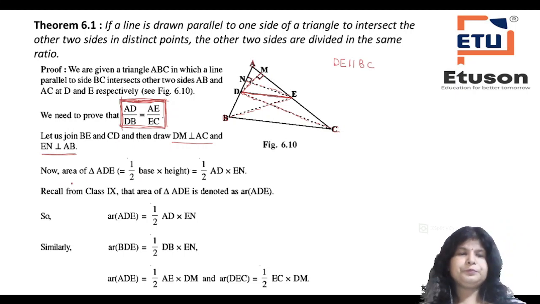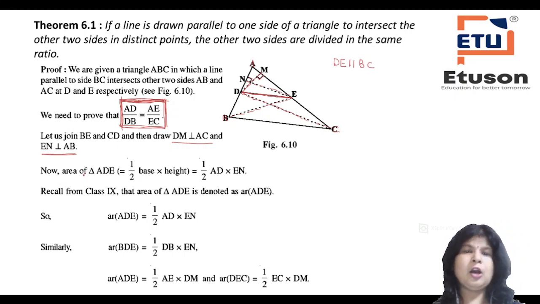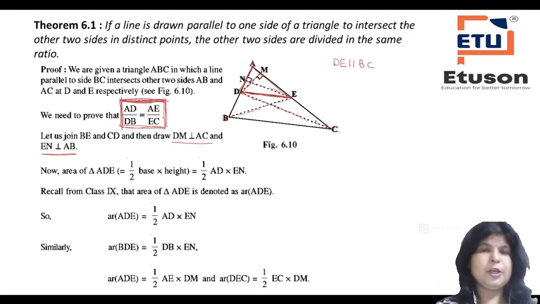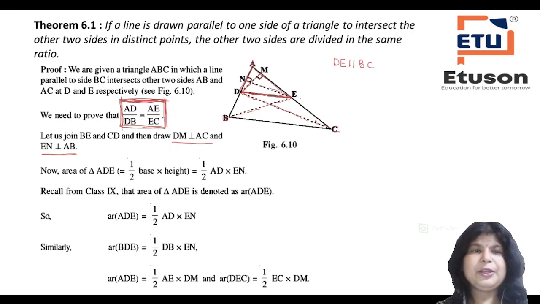So now area of triangle ADE. So this triangle we are considering, area of triangle ADE. What is the formula for area of a triangle? That is half into base into height, right? The altitude is given because you have plotted the perpendicular.